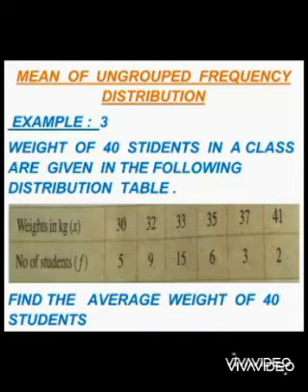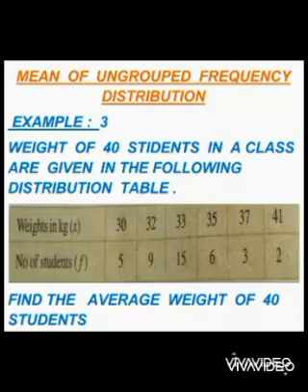Now, we have previously discussed the mean of raw data, isn't it? Now let us discuss the mean of an ungrouped frequency distribution. To understand this, children, let us consider one example. The weights of 40 students in a class are given in the following frequency distribution table.